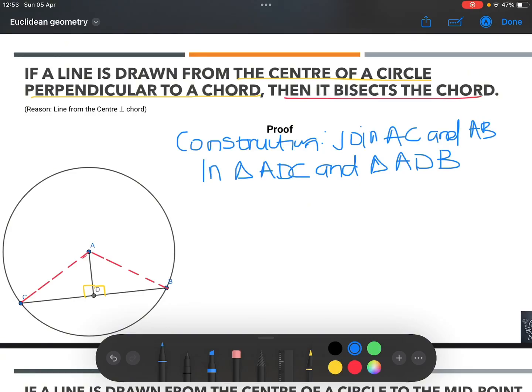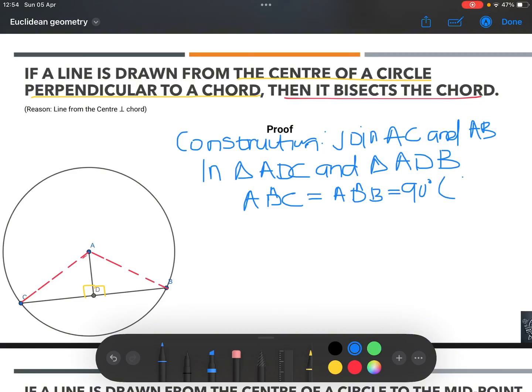If it forms 90 degrees with the chord, that implies that angle ADC is equal to angle ADB, which is equal to 90 degrees.